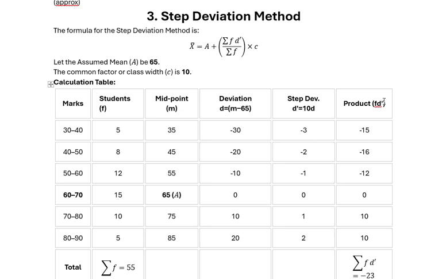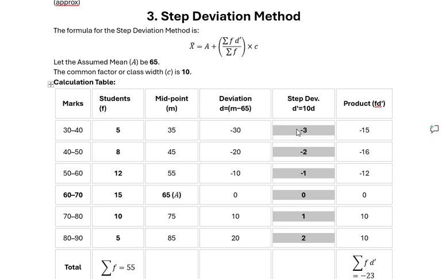So now what we are going to do is fd dash. This step deviation is called D dash. So minus 3 into frequency. What is the value of frequency? Here we have 5. I'm talking about this column and this.